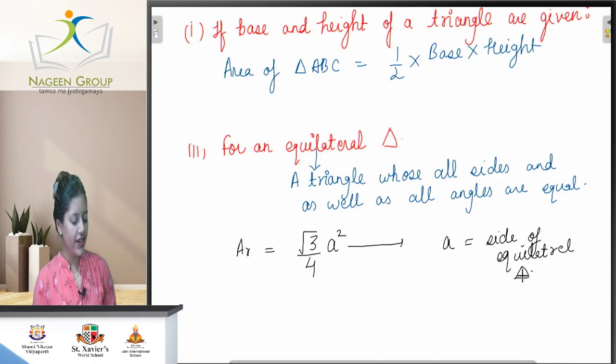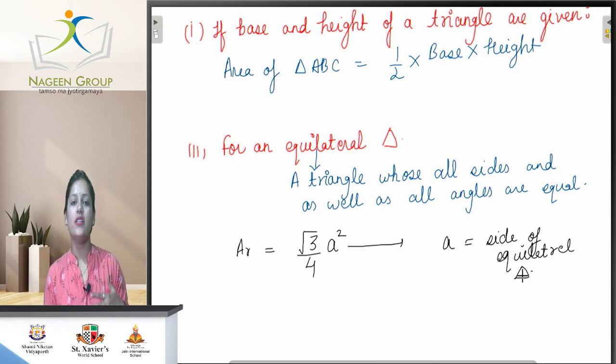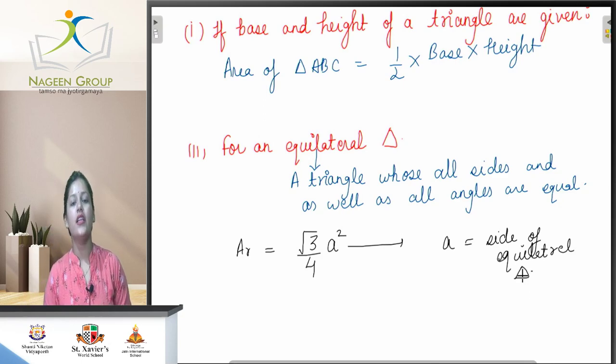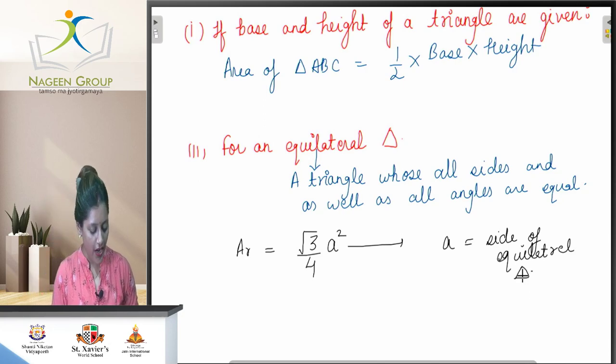Have you understood it? If the base and the height of the triangle are given, then the formula is half base into height. And if an equilateral triangle is given, a triangle having all sides and all angles equal, then the area is root 3 by 4 a square, where a is the side.